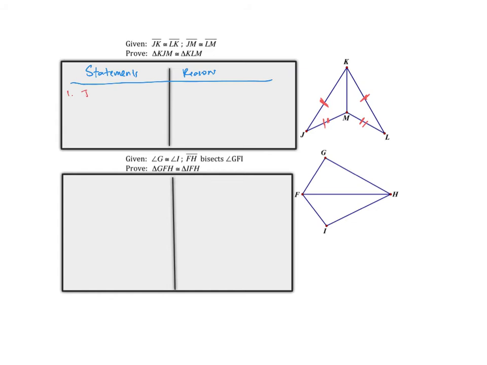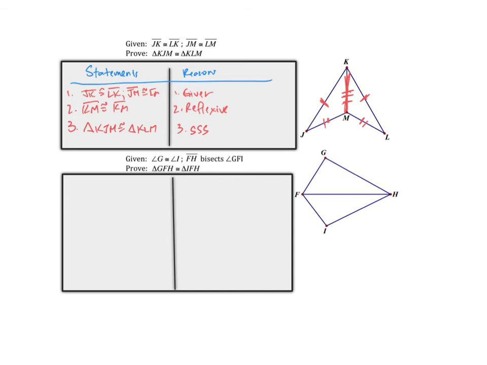Step 1, JK congruent to LK, JM congruent to LM. This was given. All right, step 2, right away, look at what you could say. You should be able to see this piece right away. KM congruent to KM by the reflexive property. Okay, so that would yield that triangle KJM is congruent to triangle KLM, and this would be side-side-side congruence.